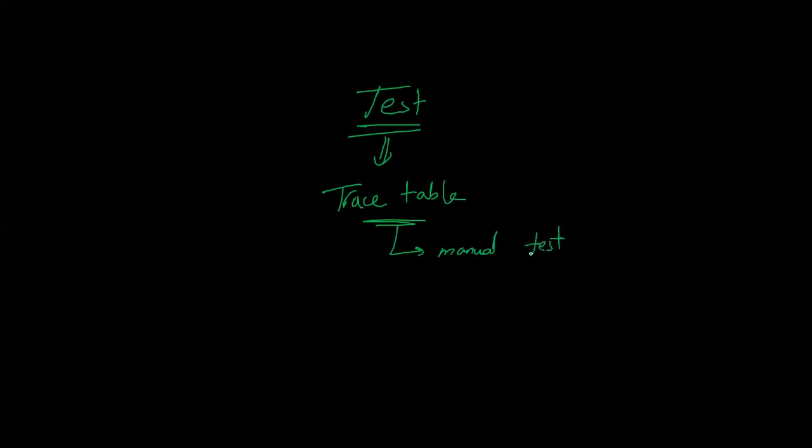You will test your code manually. You will check the flowchart or pseudocode step by step, and check if the input is, for example, 4, what will be the output. So this is a type of test. We call it a manual test, and you can use a trace table to check the output according to specific inputs.